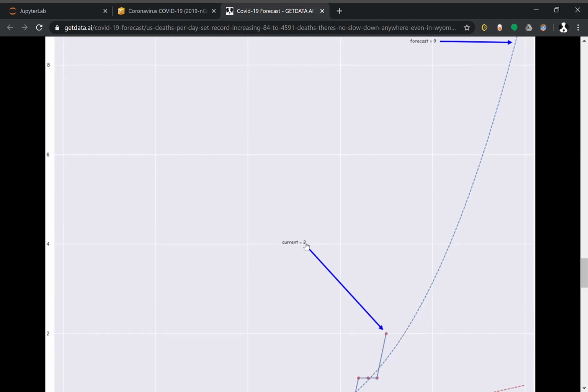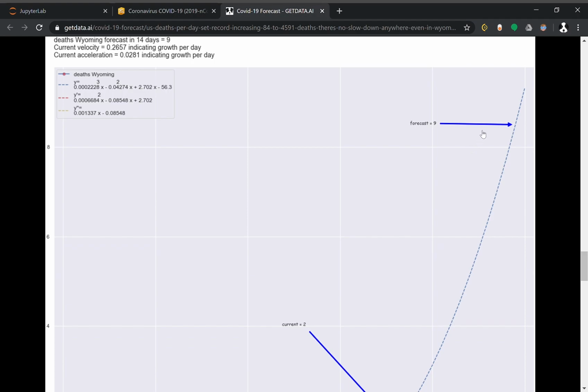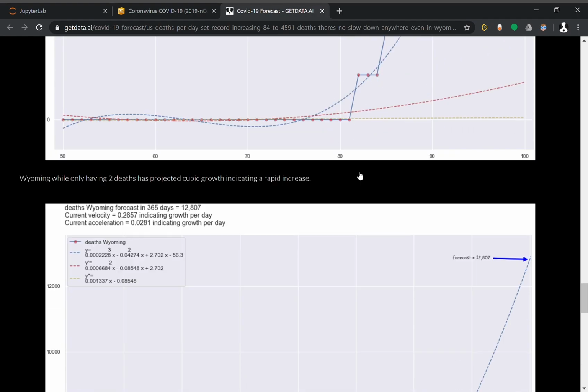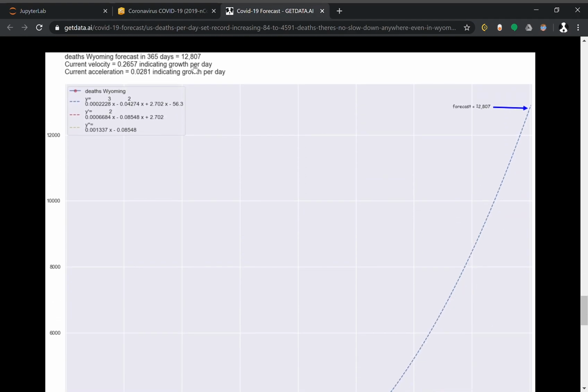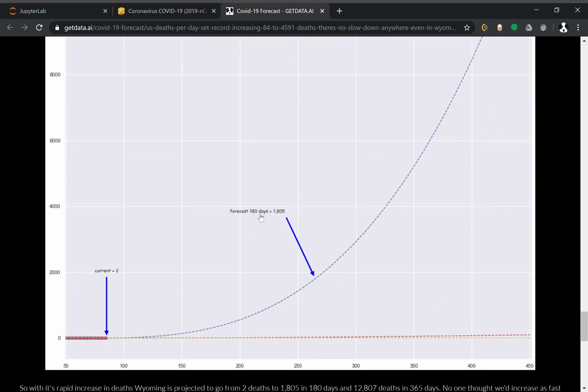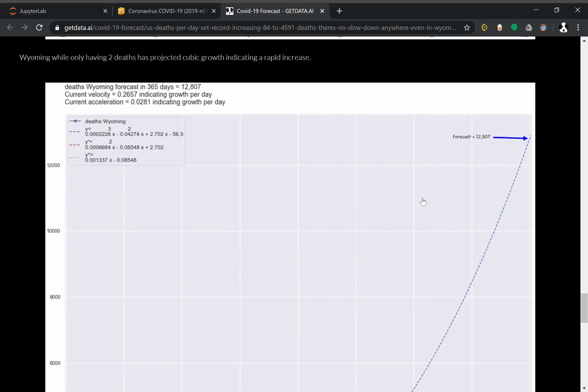And so, right now you're at 2. In 14 days, you'll be at 9. What does that mean long term? If you extrapolate out, in 180 days, so 6 months from today, Wyoming will have 1,800 deaths at its current pace. You open it up, it'll be even worse. And you're talking about, in 1 year's time from here, 12,807.